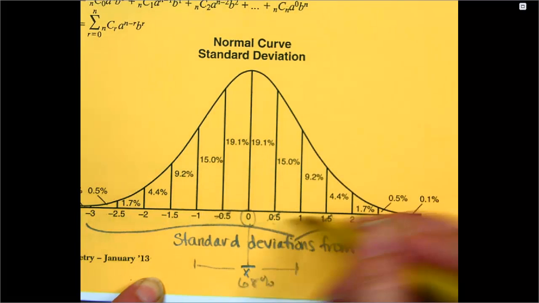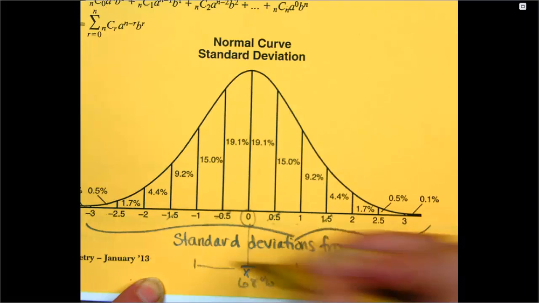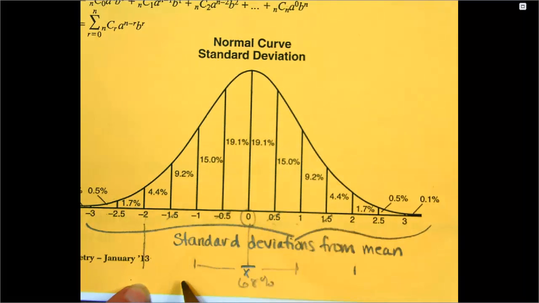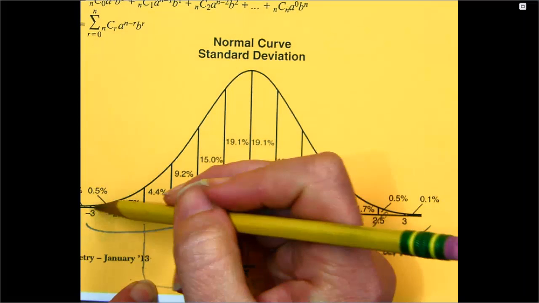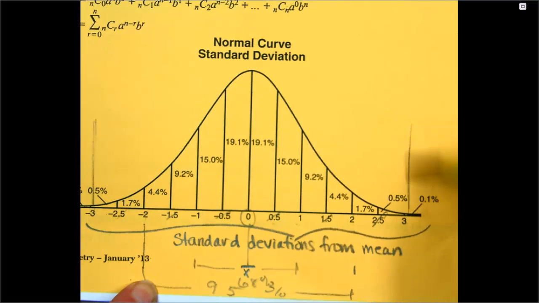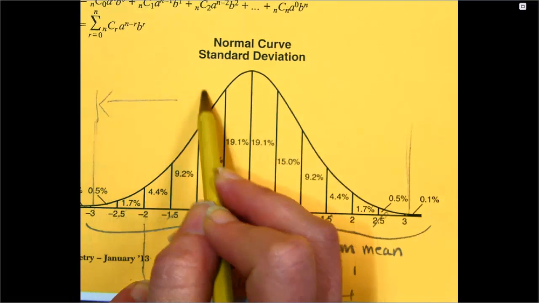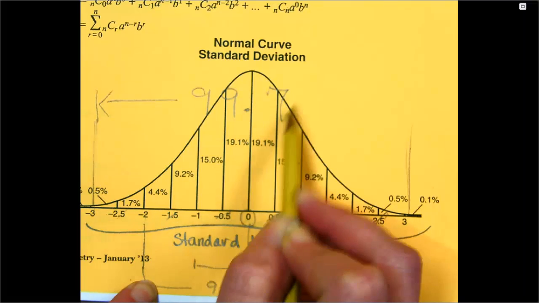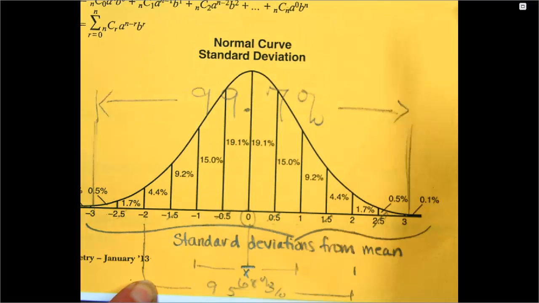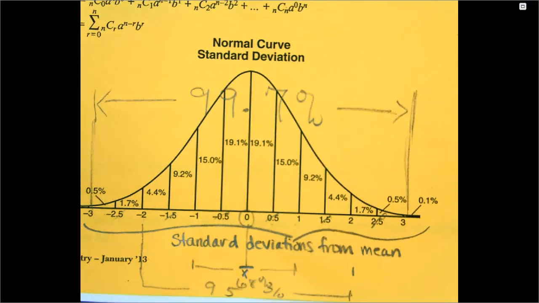We generally don't care about the half standard deviations. We care about the 68, 95, 99.7 rule, which deals with whole standard deviations. When you go 1 standard deviation on either side of the mean, there's 68%, 2, 95%, 3, 99.7%. Most of the time you can ignore those halves.